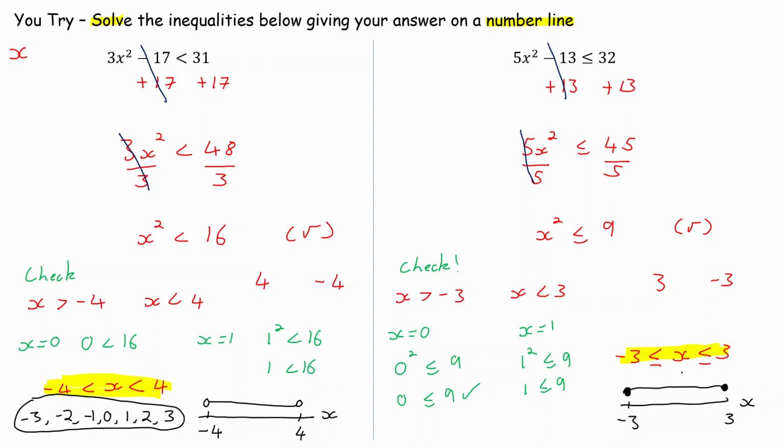And if you want to show your integer values that satisfy this inequality, this time you would include your bottom number, so minus 3 and up to minus 1 up to 2, and then you do include 3 because it is bigger than or equal to minus 3, less than or equal to 3. So these integer values here are satisfied by the inequality.